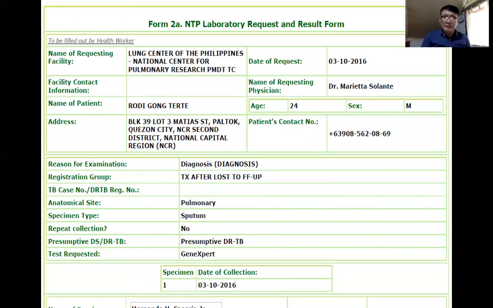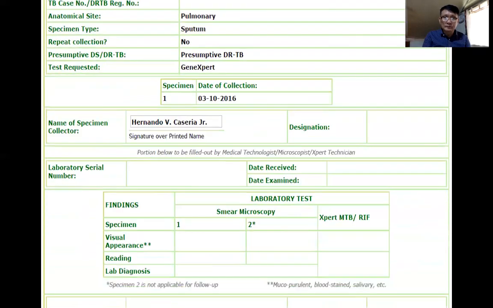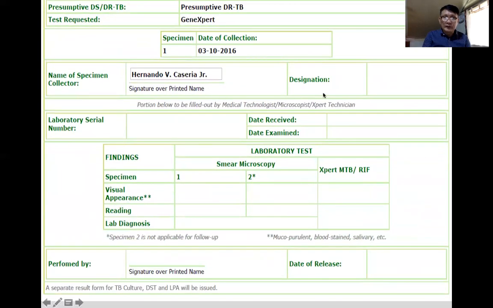But I think this is much easier because all the things that need to be filled out are already here when you encode it in ITs. You just have to include all the details of your patient, and then the portion for the medical technologists, which is the result portion, will be filled out by them.